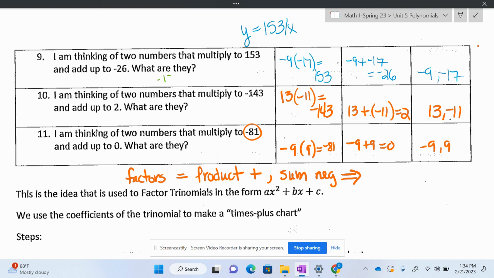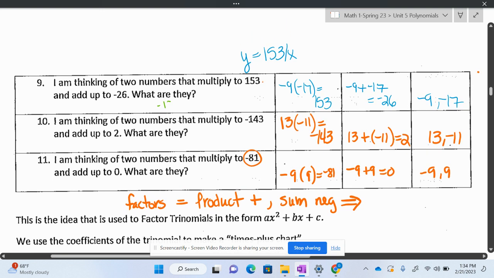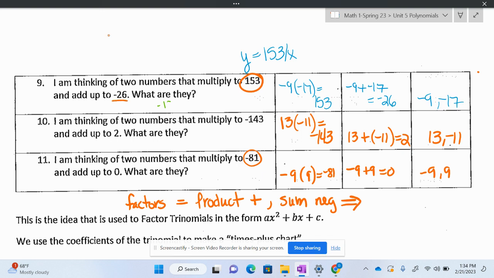If the product is positive, like example number 9, but the sum is negative, what does that tell me? That both my factors need to be what? Yeah, both factors are negative.